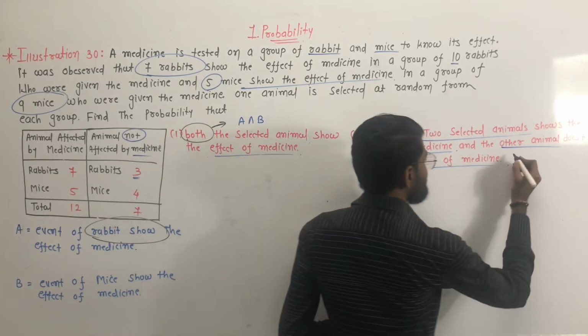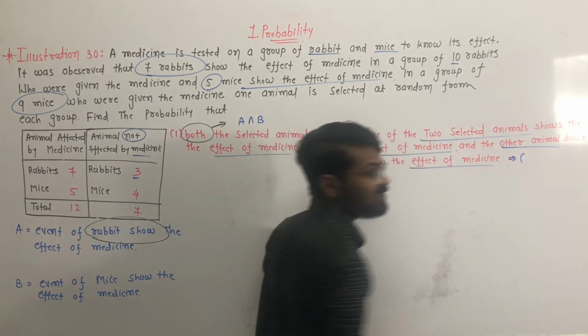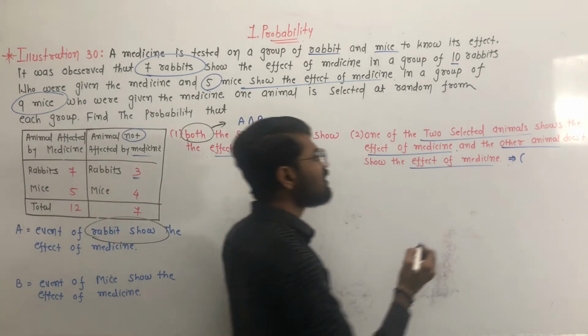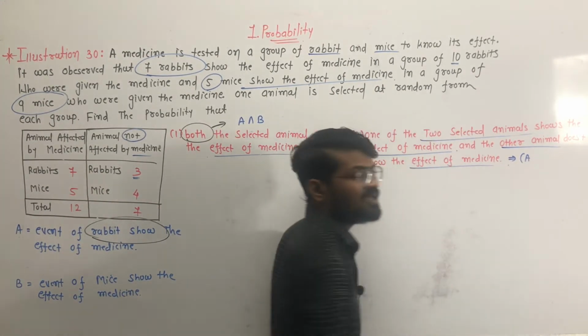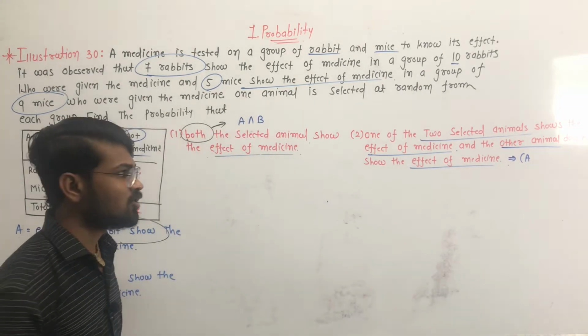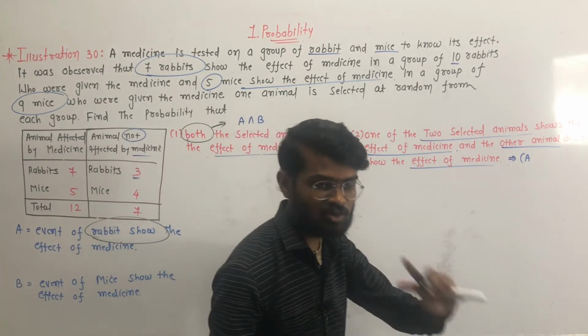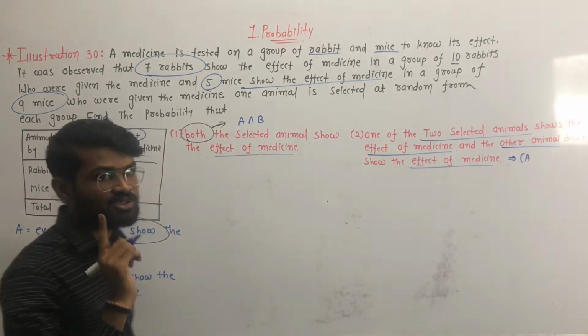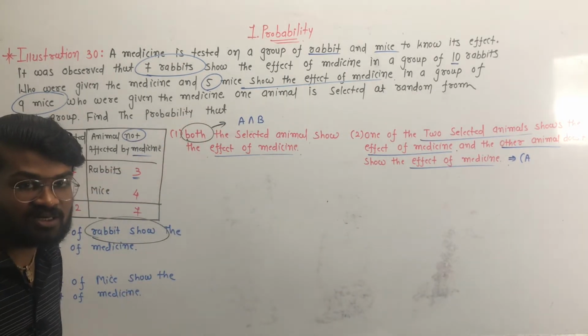Our event A is the effect of the medicine on the rabbit. Suppose the medicine has an effect on the rabbit. यस, तो हमको दूसरा एनिमल कौन सा माइक सिलेक्ट करना पड़ेगा, और वो कैसा सिलेक्ट करना पड़ेगा कि जिस पे मेडिसिन का इफेक्ट नहीं होता है.